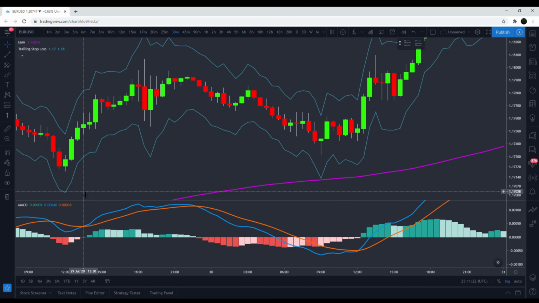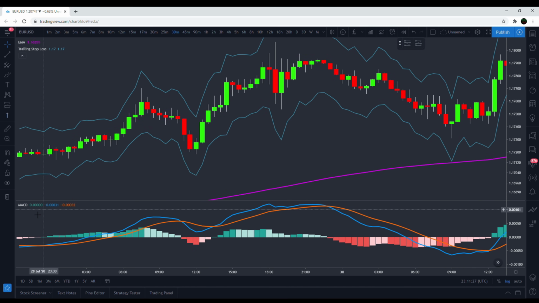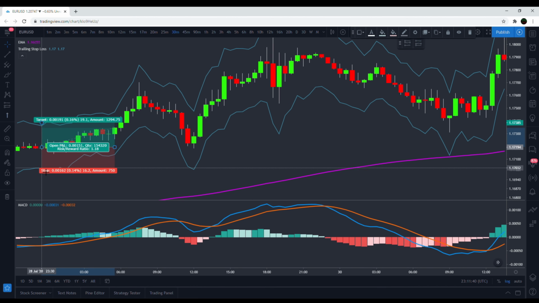Okay, here's another. Cross up. Oh wait, no, that one's above. Okay, here's another. This one, cross up from below the zero line. Price is above the 200 EMA, and you're going for the first profit target of 1 times the risk.